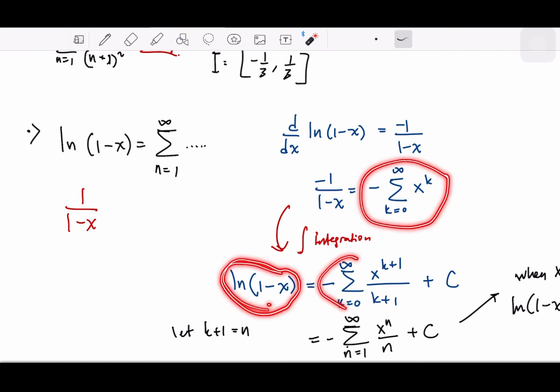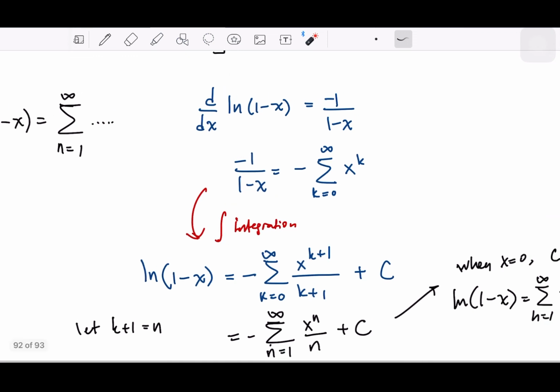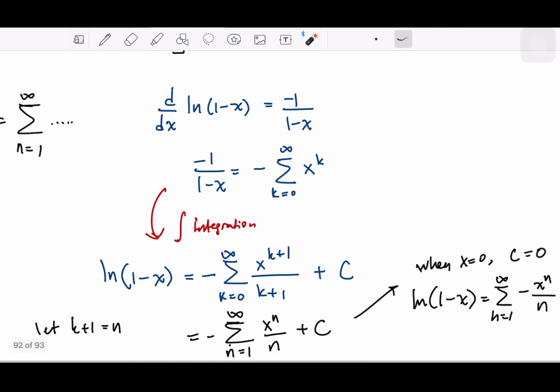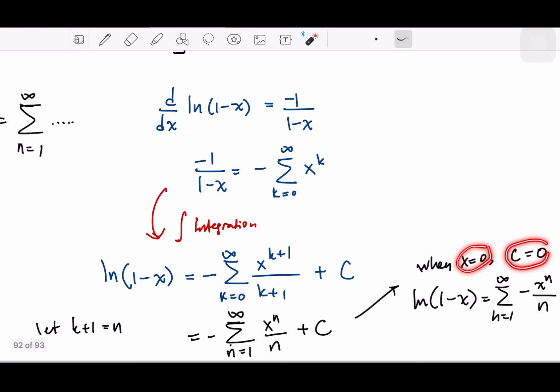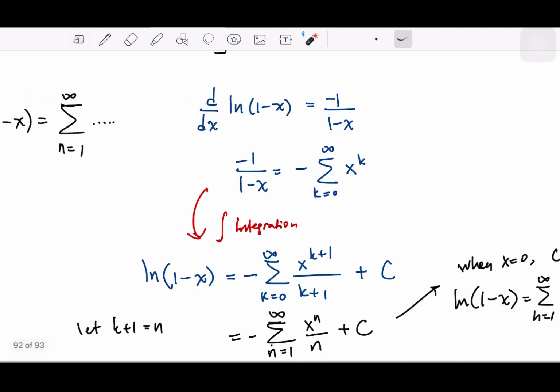And we have this integration. Now, if we check when x equals 0, we get that c is actually 0, so we will have ln(1 minus x) as this. We can also change the index from k equals 0 to n equals 1, with k plus 1 equal to n.